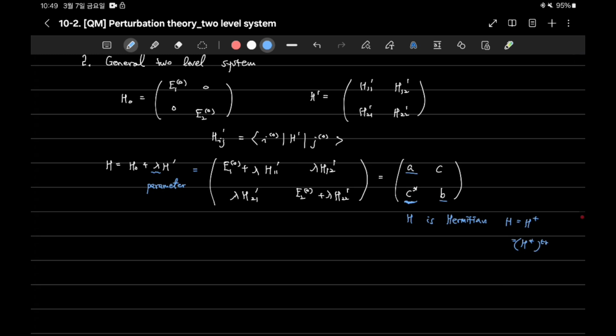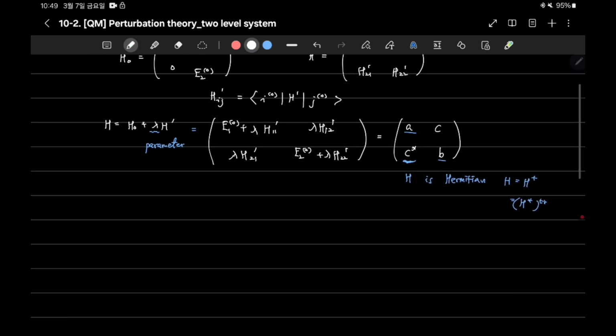To diagonalize this Hamiltonian, we need to find the energy E as the diagonalized parameter, where the determinant of A minus E, C, C star, B minus E should be 0. Then A minus E times B minus E minus C square should be 0.